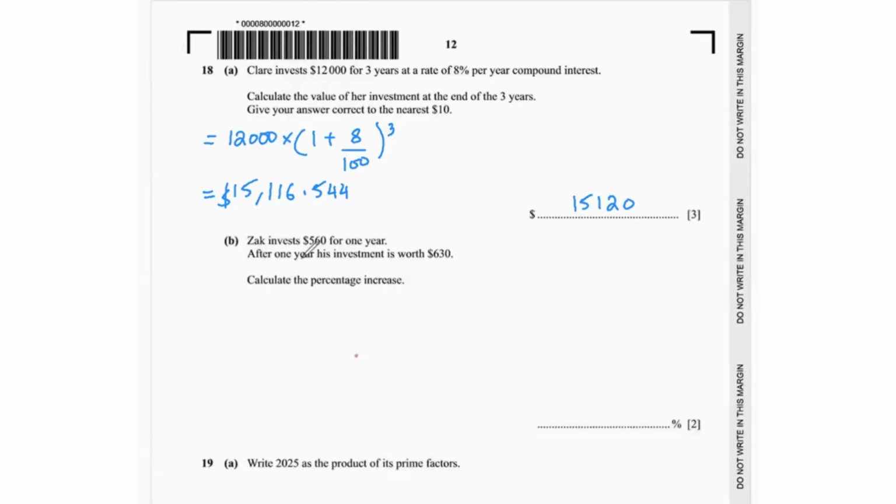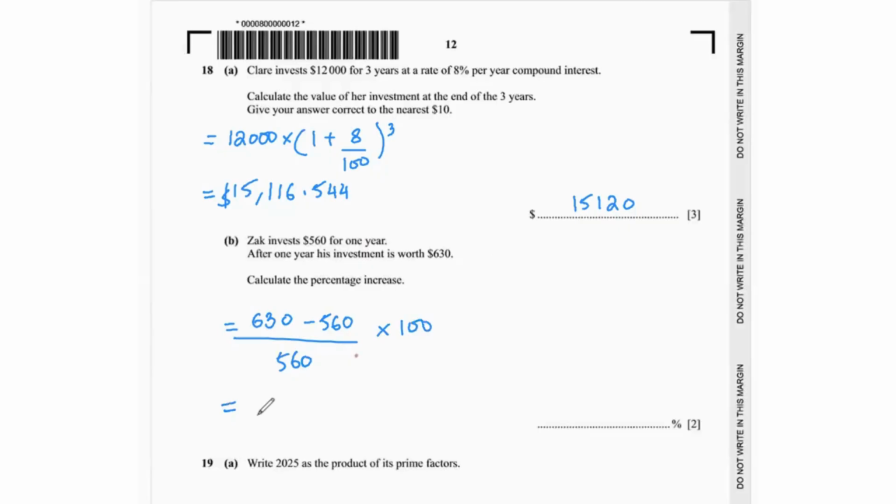And part B says Zach invests $560 for 1 year. After 1 year, his investment is worth $630. Calculate the percentage increase. So percentage increase is going to be new amount minus the old amount divided by the old amount times 100.